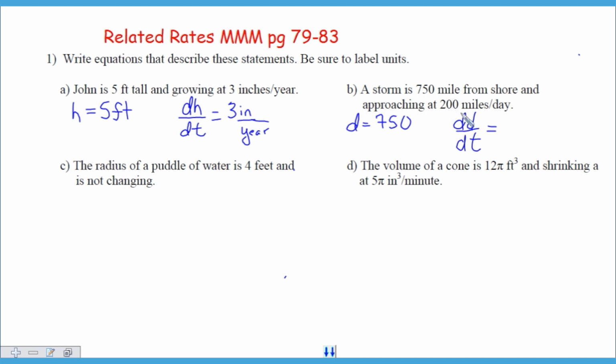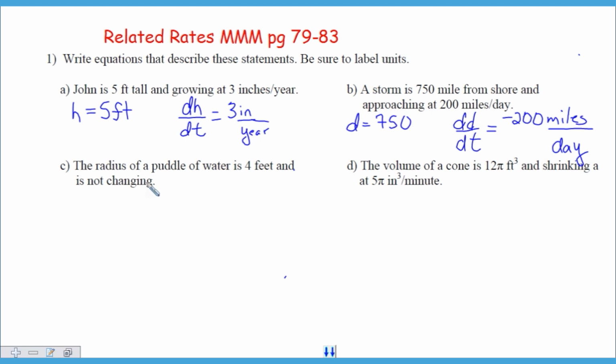And if it is approaching at 200 miles per day, the distance is getting smaller every day. So we say that's a negative 200 miles per day. So notice that John was getting taller, and when he got taller, his rate was positive. If things get smaller, then we say that that's a negative rate.